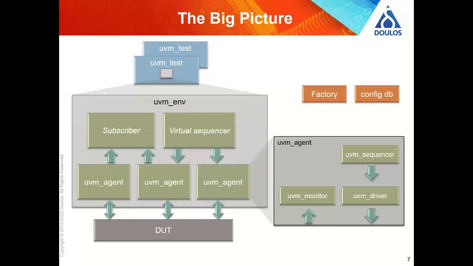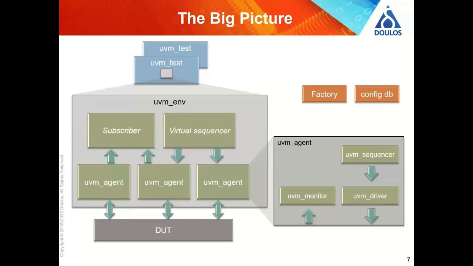The reason for that is that inside our agent, we've got a driver and a monitor. The job of the driver is to drive this interface with whatever protocol. But the input to the driver comes from a sequencer, which generates transactions. So we've got transaction level operation inside UVM, which is great for efficiency.